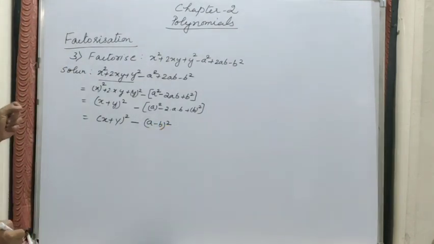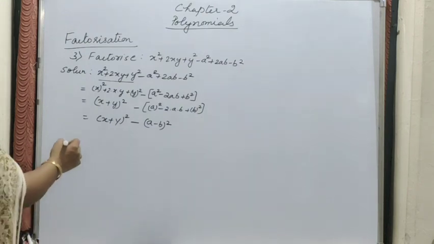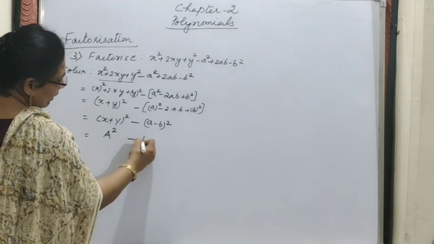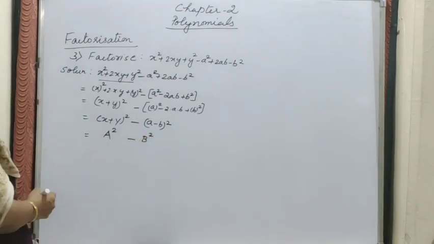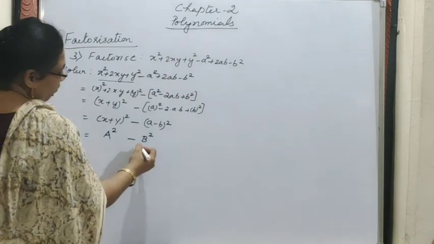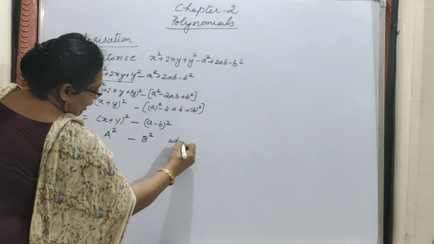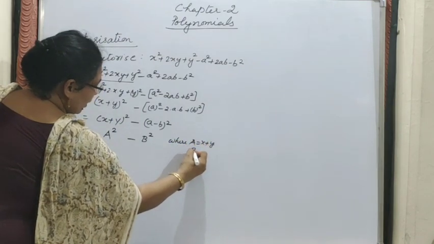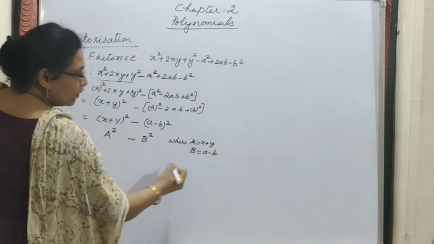Now this is in the form of which identity? One more identity is coming, which is that one. It is equal to a square minus b square. If it is a square minus b square, what is the identity? Before writing that, I'll write that where a equals x plus y and b equals a minus b, right?